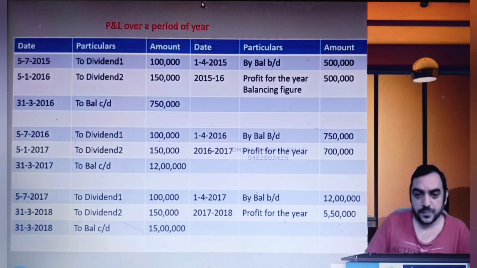So for the year 17-18, profit for the year, balancing figure, by 1,50,000. Hope you got it.